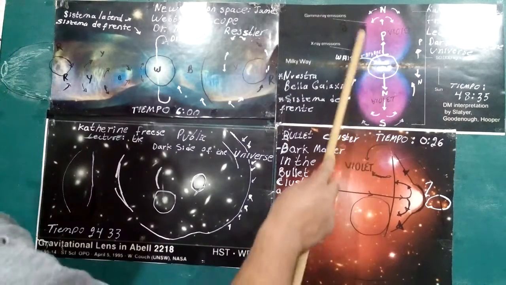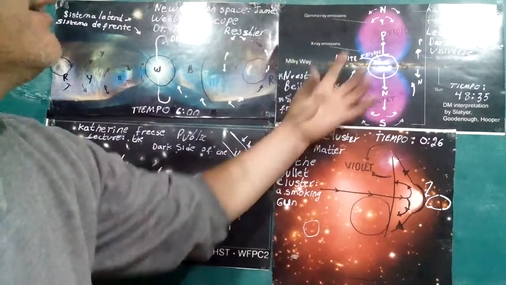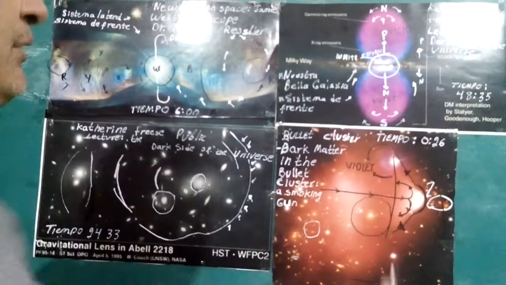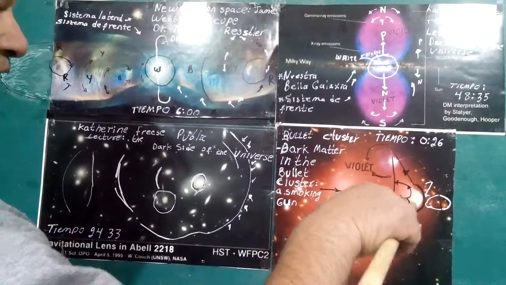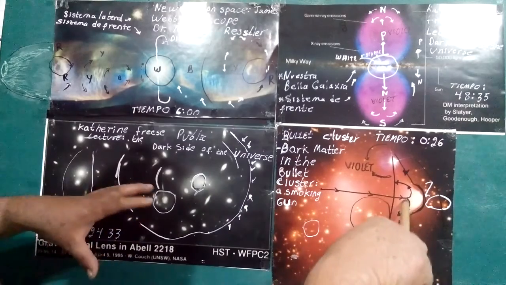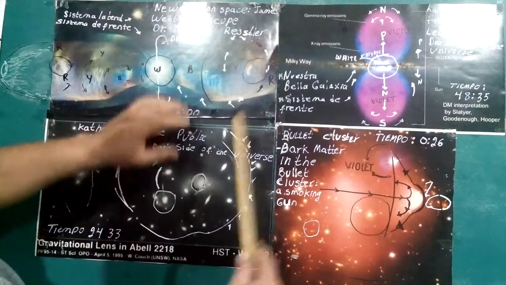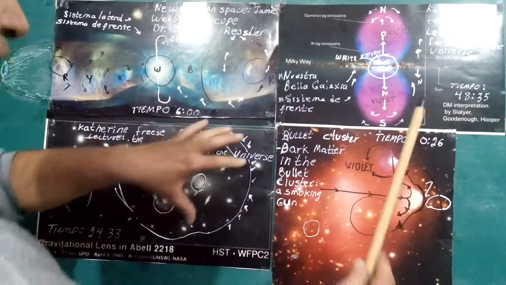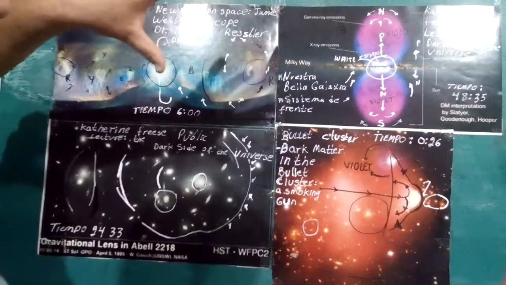Violet, this is violet, okay, breaks. We're seeing the outside, we don't see the inside. Right here we are seeing outside, but not as this one, it's the other one that I show, it's more to the inside. This is outside, okay?